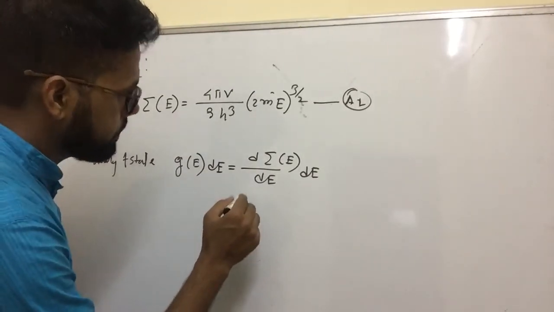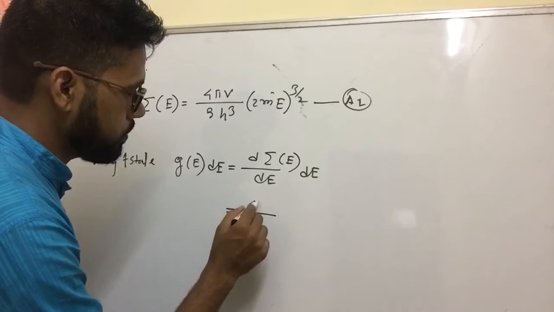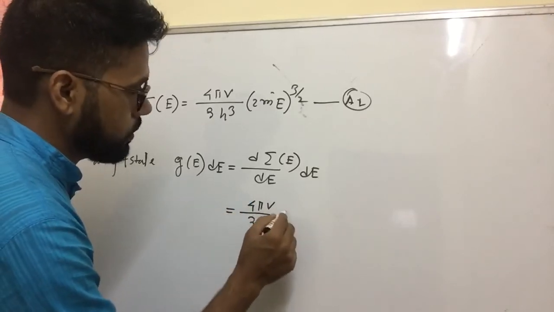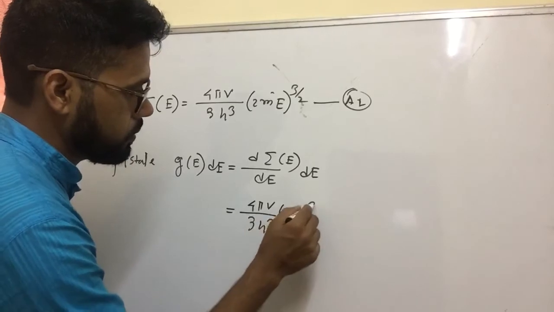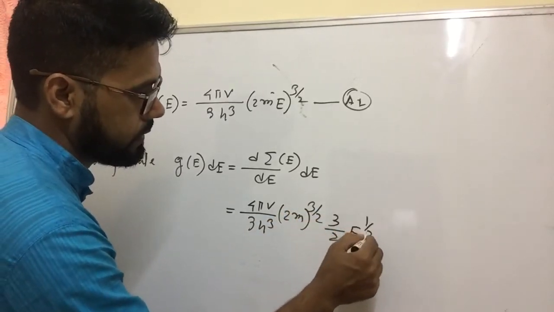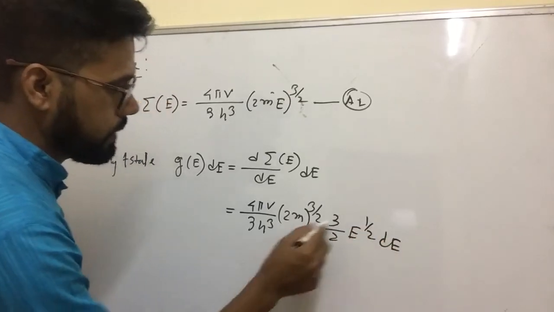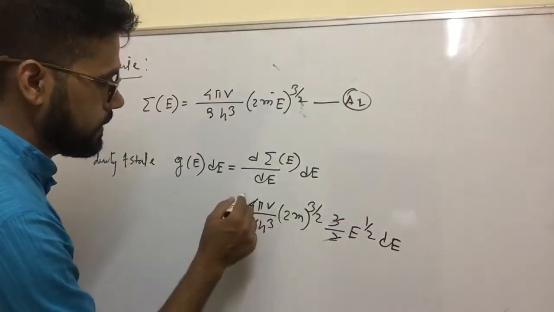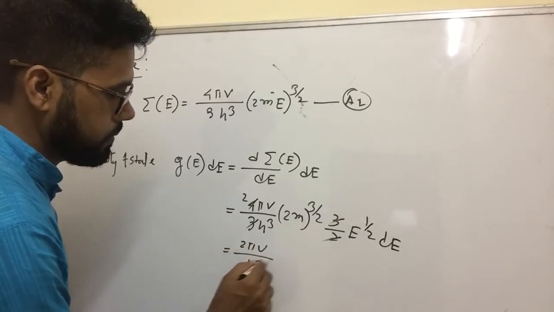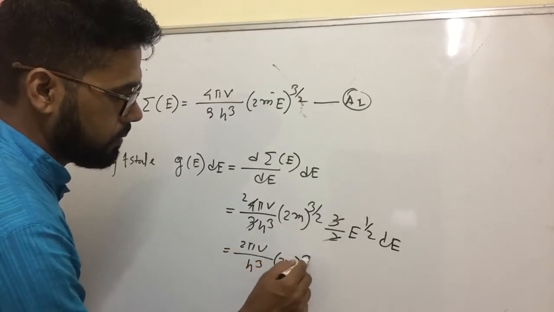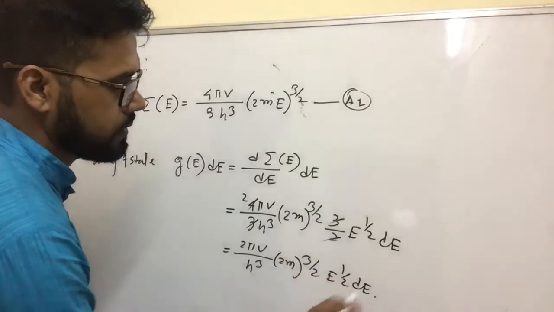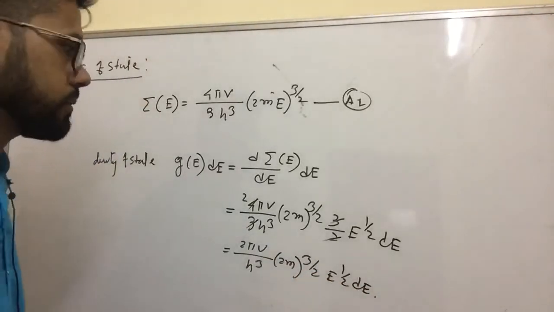If I differentiate this equation, 4 pi V by 3 h cube, then (2m) to the power 3/2, E to the power half dE. Is it okay? The 3 cancels, the 2 cancels, and it equals 2 pi V by h cube (2m) to the power 3/2 E to the power half. There is no need to remember this, it is very easy to remember.